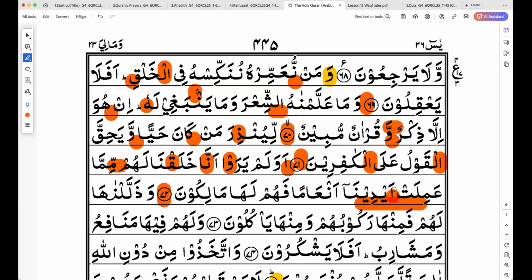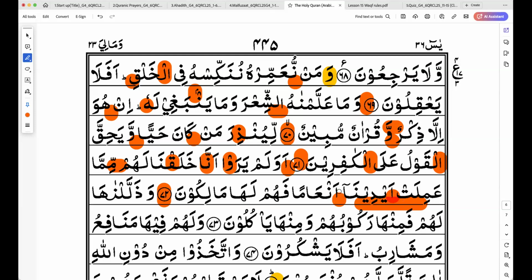These are 2 different words, so you will read them separately. Can you try once again? Amilat, aidina. Excellent.